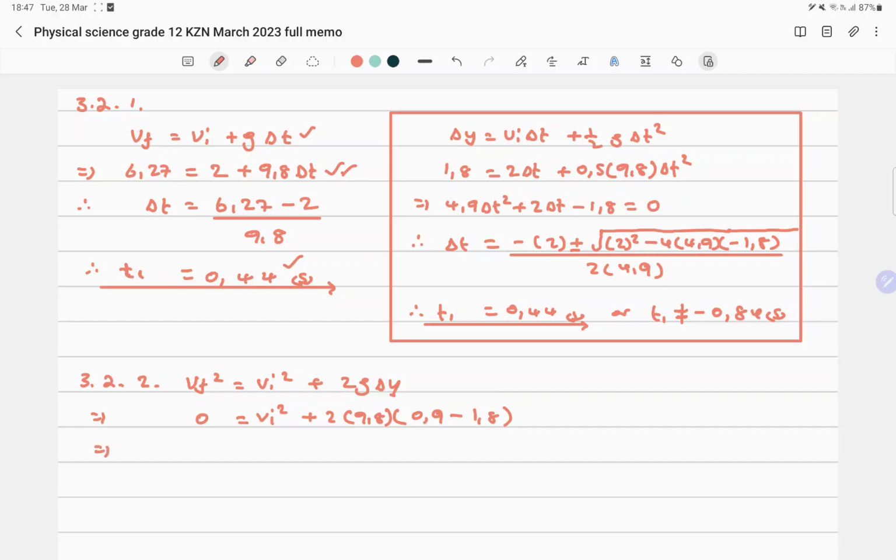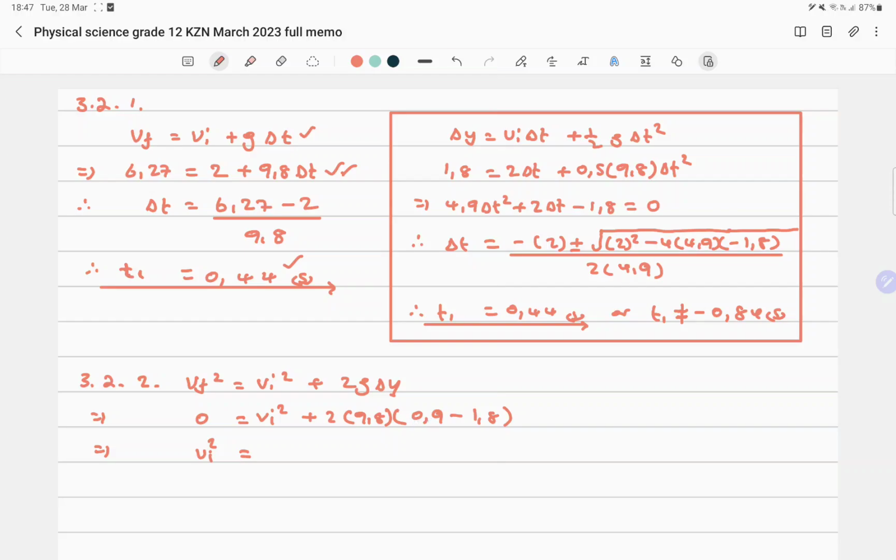This implies Vi squared equals, now remember this whole thing is going to be negative because 0,9 minus 1,8 is basically minus 0,9. So minus 0,9 times 9,8 times 2 gives us an answer of minus 17,64.